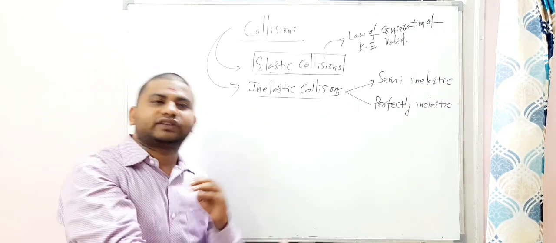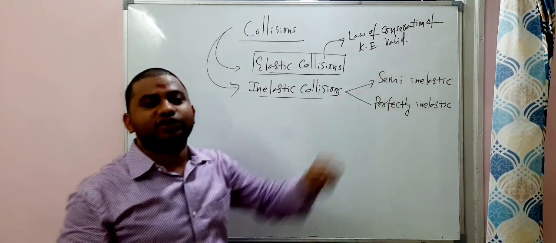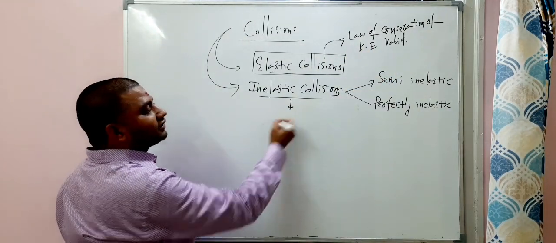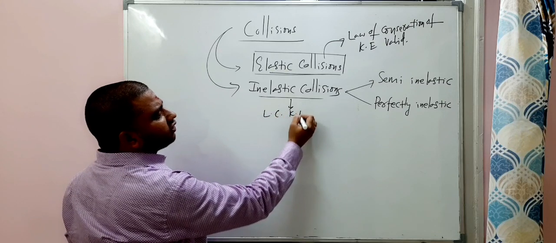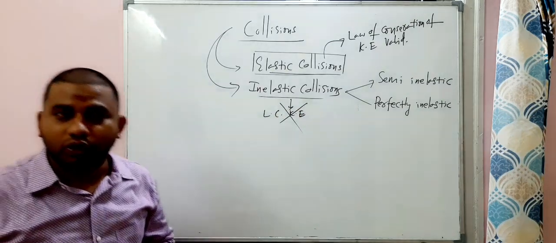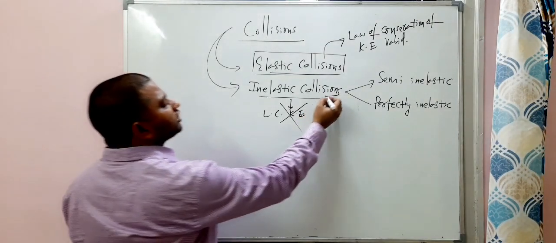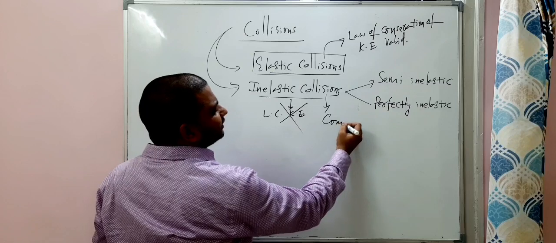That's what it means for the law of conservation of kinetic energy to be valid. In inelastic collisions, the law of conservation of kinetic energy is not valid. And commonly we observe inelastic collisions.